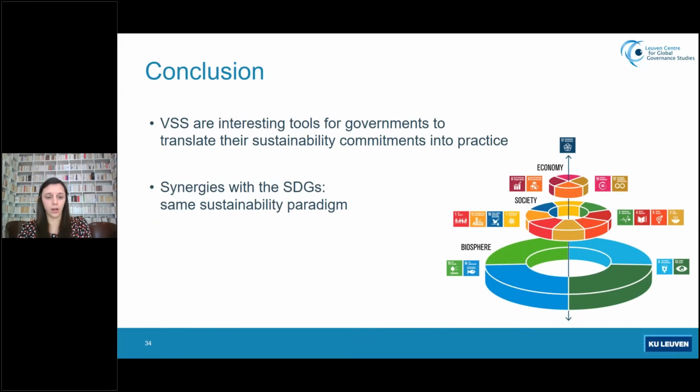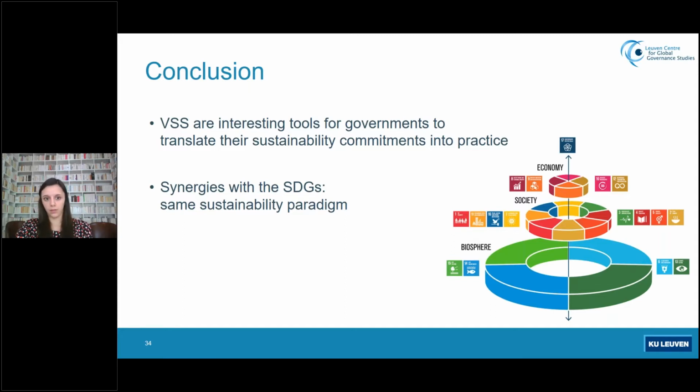And as a conclusion, non-governmental mechanisms for the governance of global trade can be very diverse, as we saw at the very beginning of the lecture. But among the different types of private governance, VSS are very interesting tools, and they are quite significant to regulate global value chains, because they act as a tool to transfer information, as we saw, and they serve as a proof of compliance with sustainability standards.